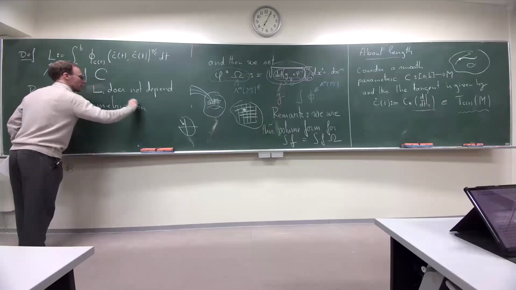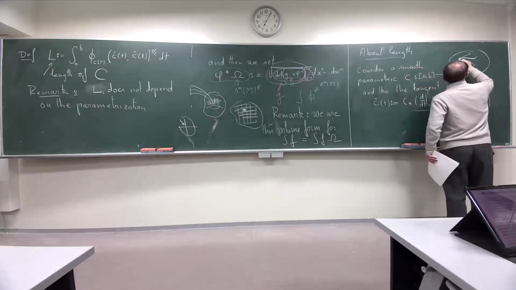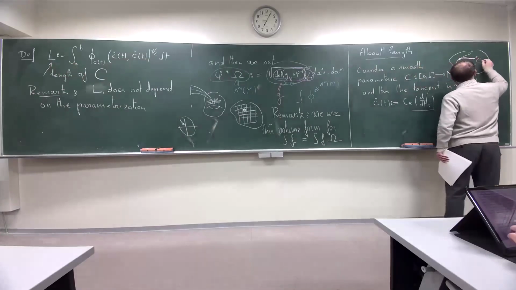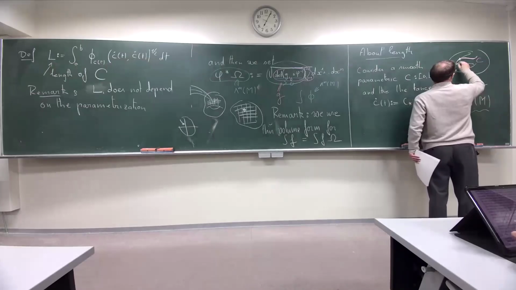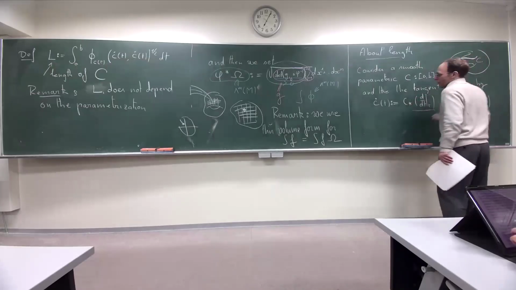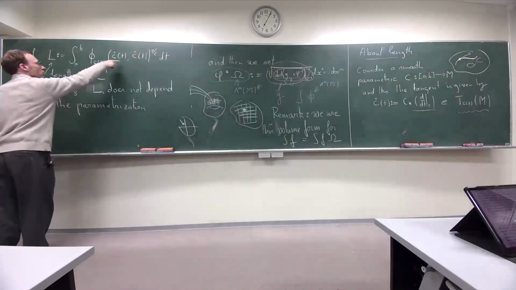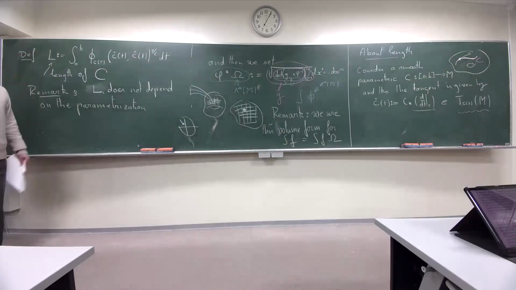Take the same picture. C is this altogether. Now you have different ways to work on this. You can go very fast or you can go very slowly. It's a different parametrization. It turns out that what you compute will be the same, which is what we expect. It should only depend on the curve itself.